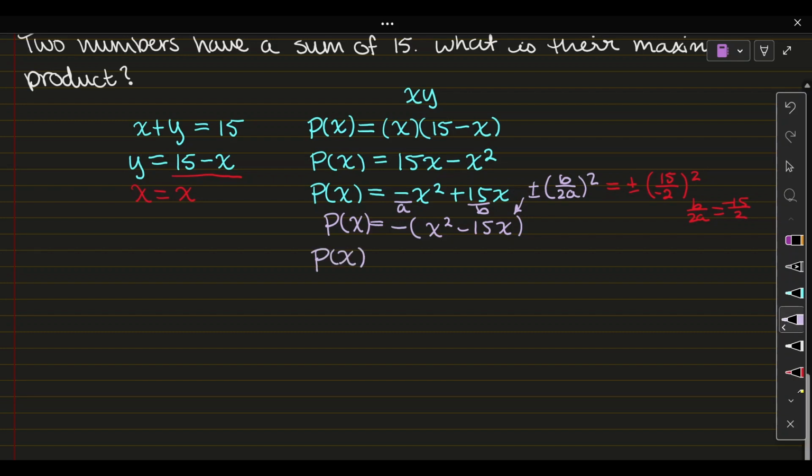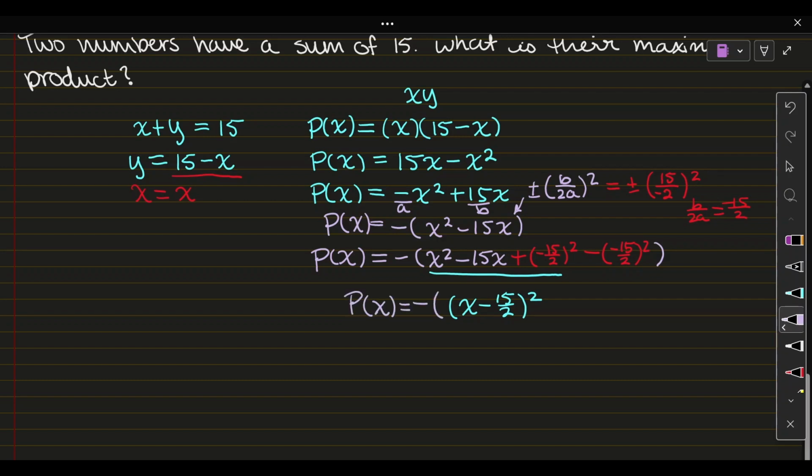So this gives me p of x is equal to -x squared minus 15x plus -15 over 2 squared minus -15 over 2 squared, all inside the parentheses. This is a perfect square. That perfect square is x minus 15 over 2 squared. That's all I changed. I just rewrote the square. And then it's going to be minus negative 15 over 2 squared.